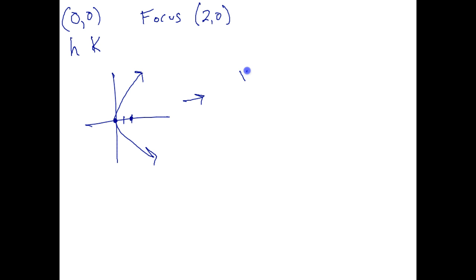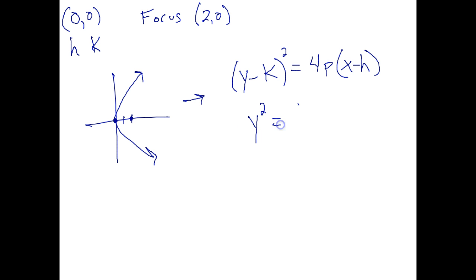All right, but that tells us that we're oriented to the right, so we know we're going to use the form y minus k quantity squared equals 4p times x minus h. Okay, so our goal is we want to find k, h, and p. Well, we already know h and k are 0, so this is going to be y squared equals 4p times x. But we don't know what p is.